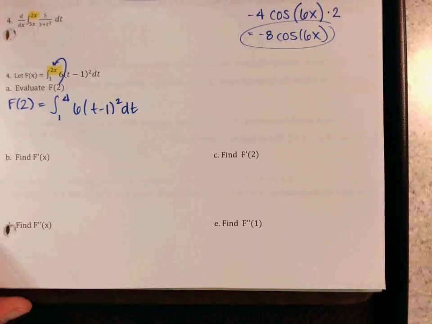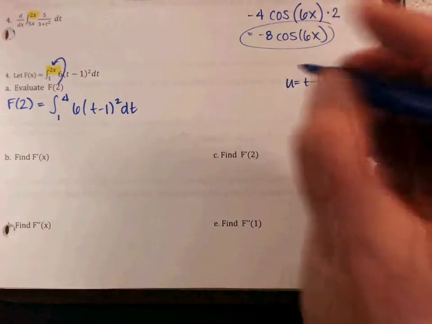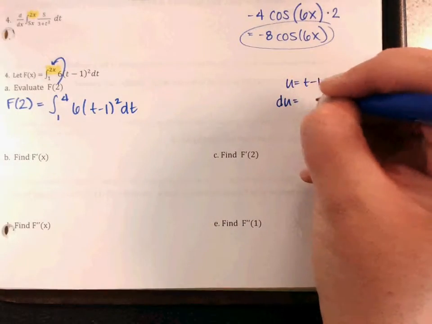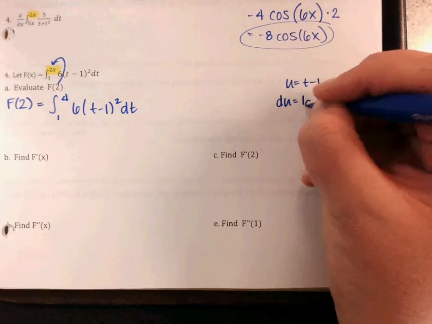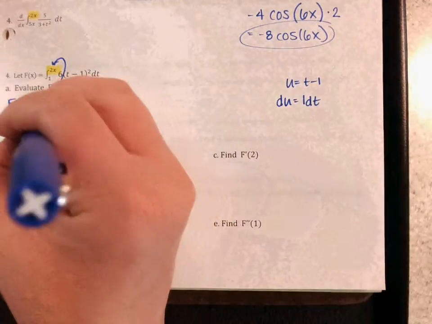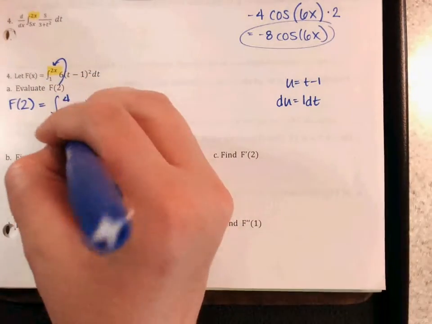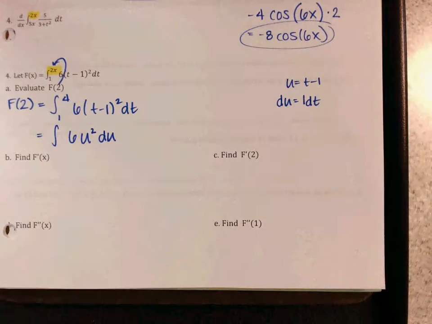Okay, how are you going to do that antiderivative? U sub. Good. So my u is going to be t minus 1. What's du then? Derivative of t is just 1 dt, which means that dt is du over 1, but we don't really care, right? So let's rewrite it. It's going to be 6u squared du over 1, which you don't have to put.